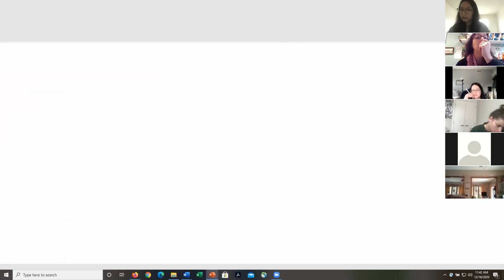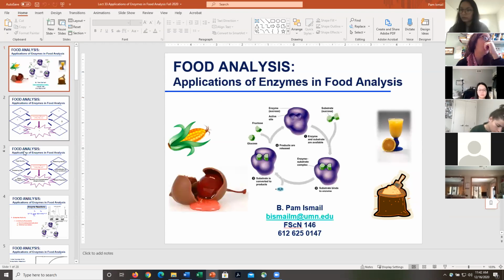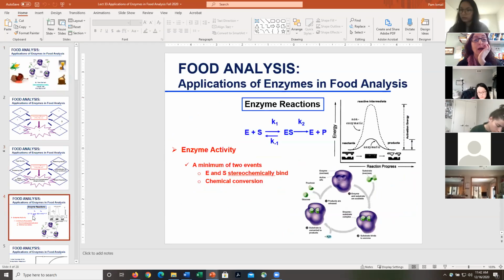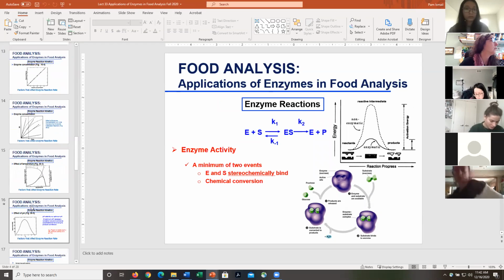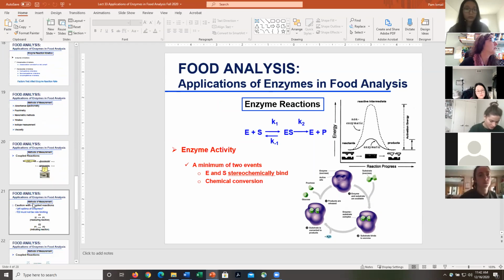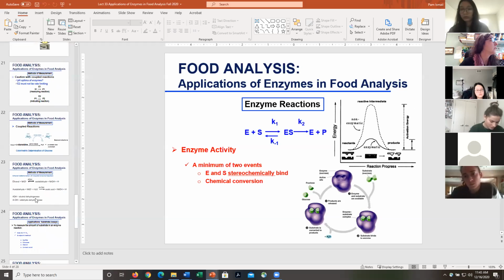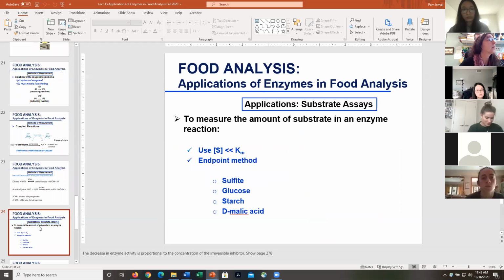So when you're measuring a substrate, let's say you're measuring glucose, you want to make sure you have enough enzyme so that the enzyme is not controlling the reaction. You have an abundance of enzyme, so the enzyme is not your limiting factor.